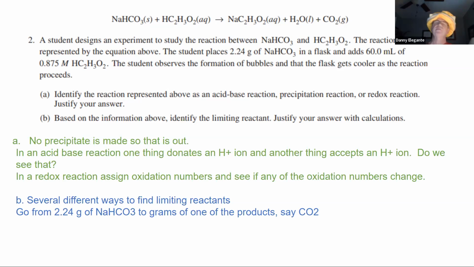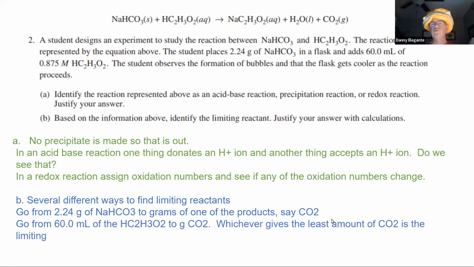So kind of like the stuff you did in Chemistry 1, right? So we could take the amount given and go to a product, and then we could do the same thing for the acetic acid, right? We know the milliliters and we know the molarity, so we can find moles of the acetic acid, and we can go from moles of acetic acid to grams of CO2.